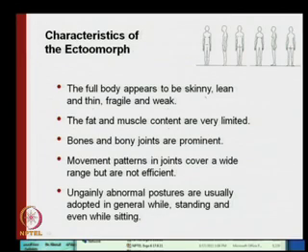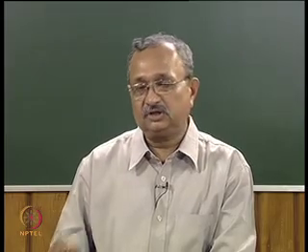The fat and muscle content are very limited. Bones and bony joints are prominent. Movement patterns in joints cover a wide range, but are not efficient, because muscles are less. Ungainly abnormal postures are usually adopted in general while standing and even while sitting. So, these are the specific body figure types and their specialities.